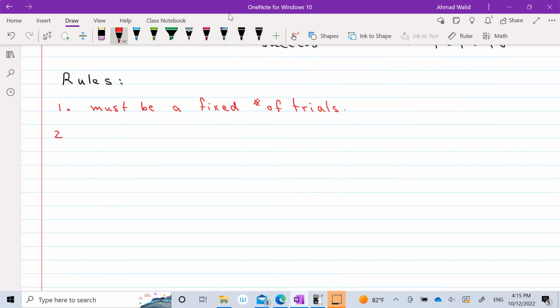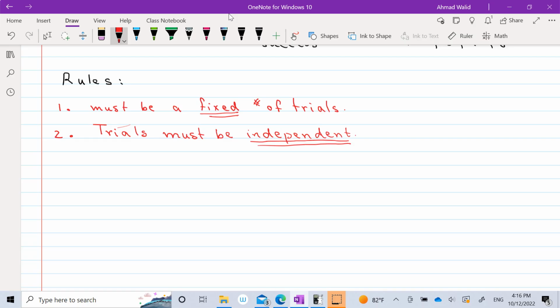Rule number 2. Trials must be independent. The first one, fixed, is important that you have to memorize. Trials must be independent. What is the meaning of independent?